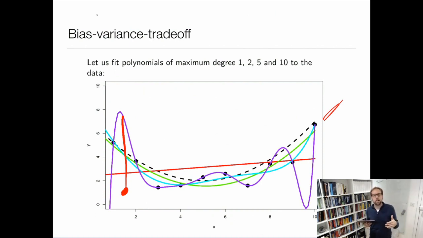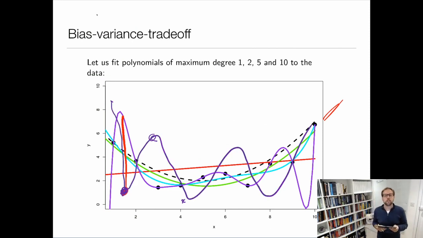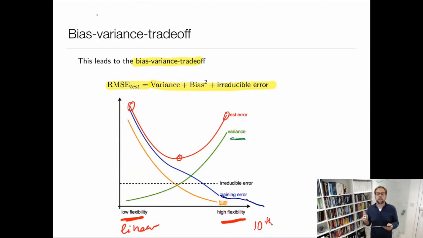Whereas for the 10th order one, if I had new data, my fit might look quite different. So maybe I get some new data like this one here, this one here, this one here. Now my new fit will look like this. It will look completely different to what I've seen already. And this is why I say there's a lot of variance in the model. And this variance goes up.